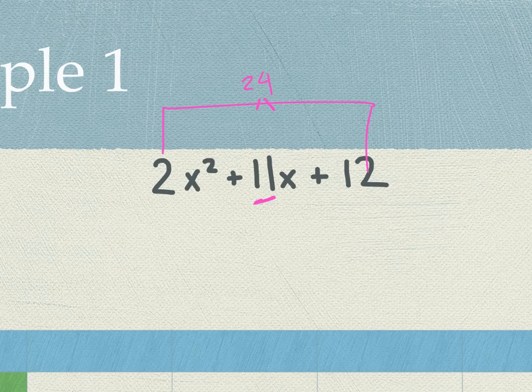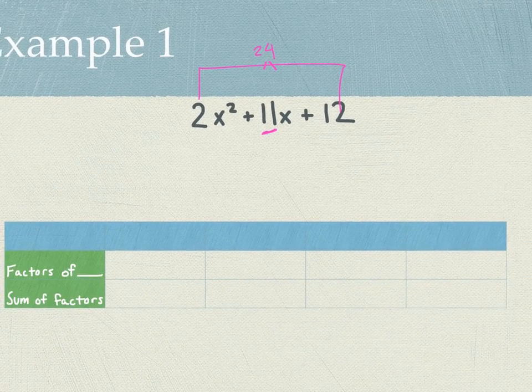So what are 2 factors of 24 that add to 11? Three and 8. Perfect.